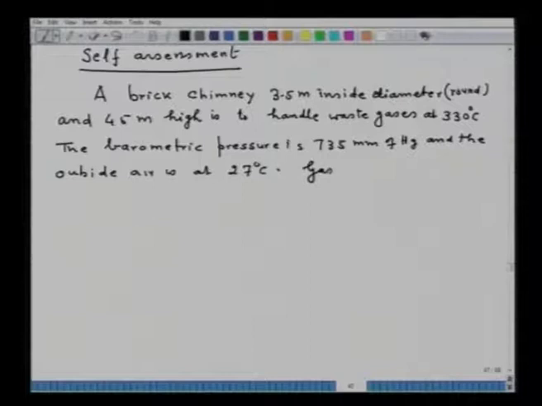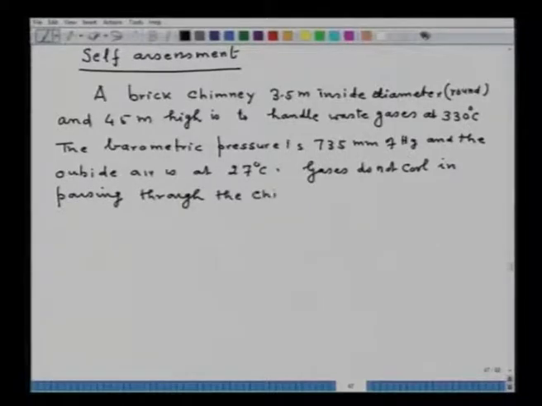Gases do not cool in passing through the chimney. I will say this is the assumption.